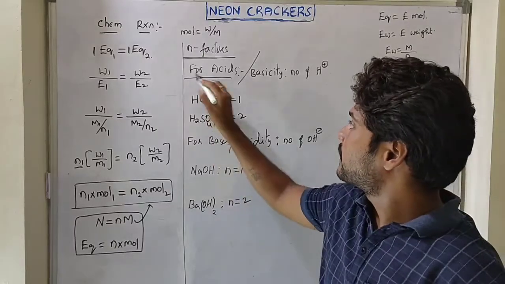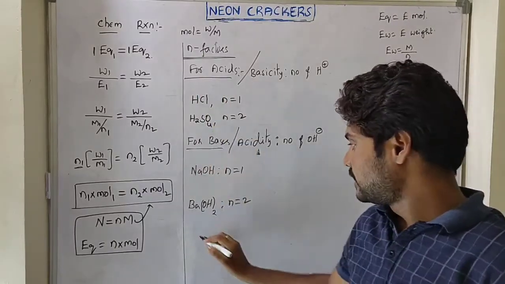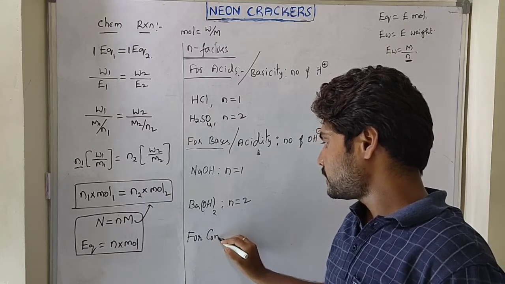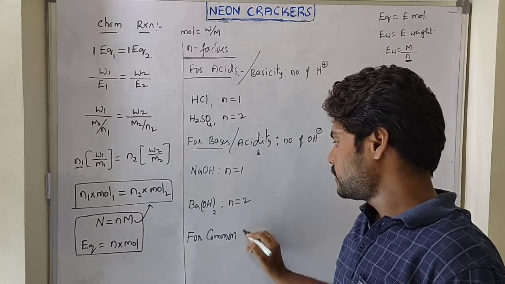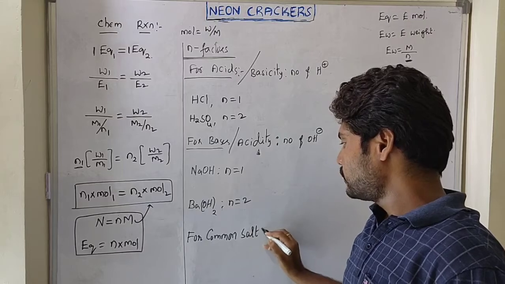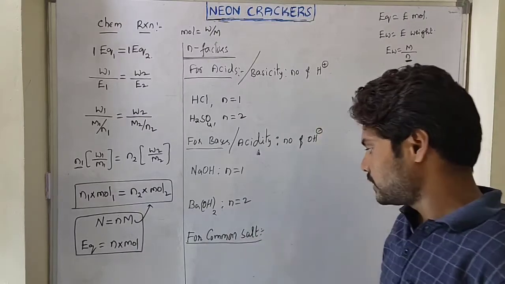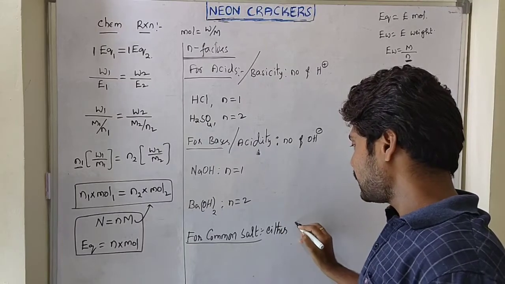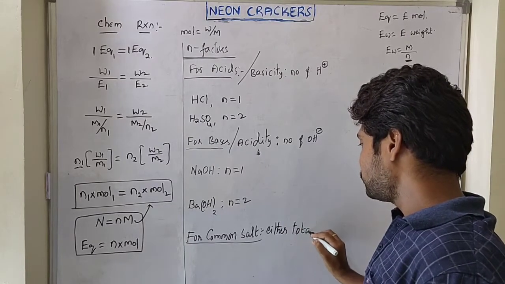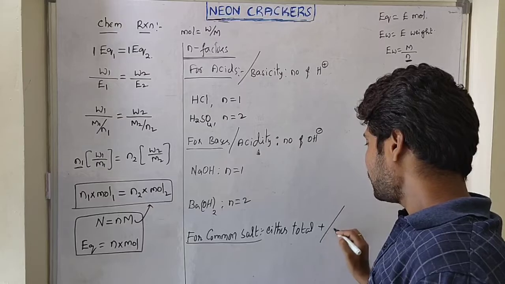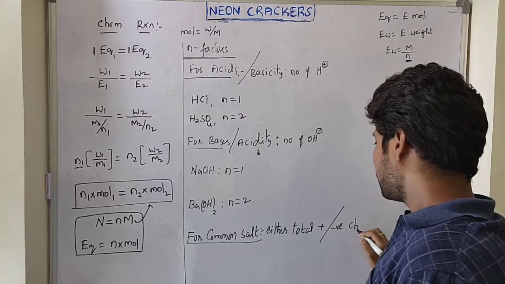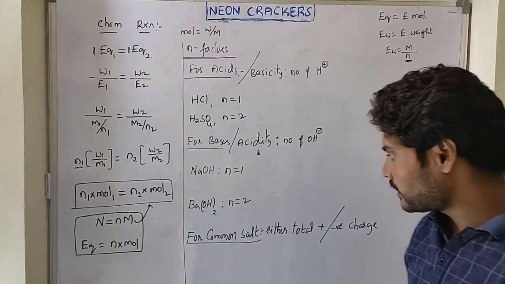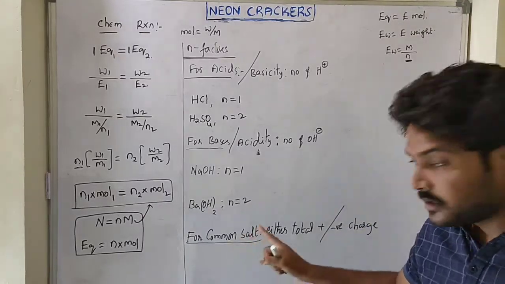So the first one is over for acids, the second for bases, and the third is for salts, for common salt or normal salt. How do we find the N factor for this one? Either the total positive or negative charge is the N factor for a given common salt.